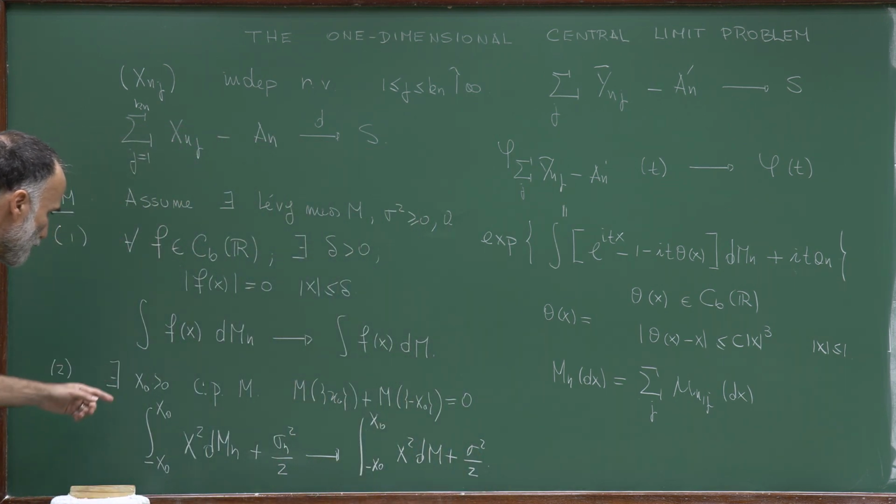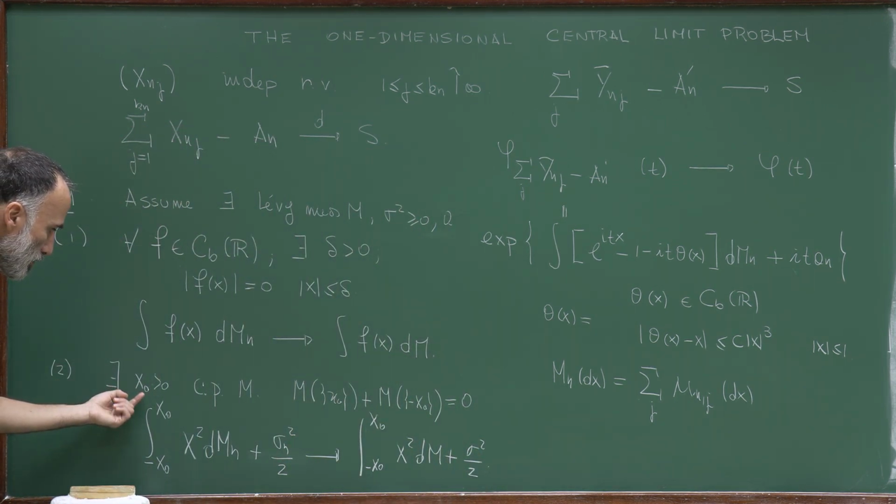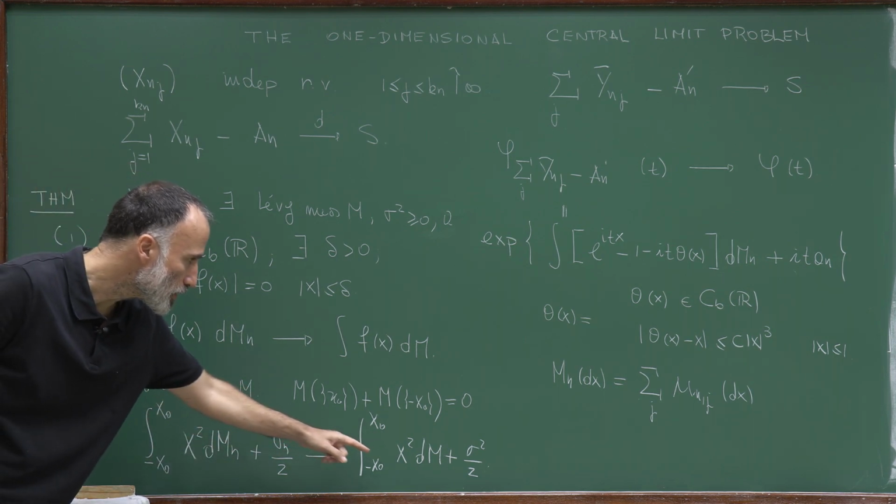So the second condition requires the existence of a point x_0 for which this sequence converges to that one.